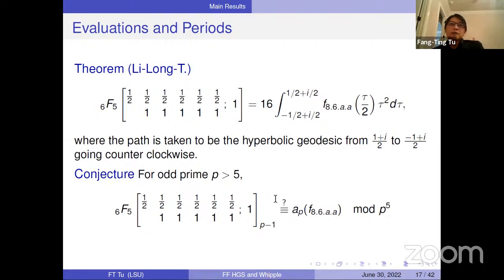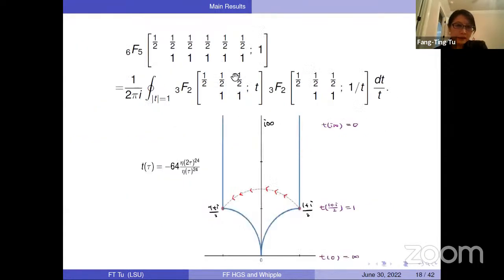So before I talk about the Galois representation, I will give you some of the key idea how we obtain this identity. The key point is that following Zagier, we rewrite this 6F5 in terms of this integral using the residue theorem.